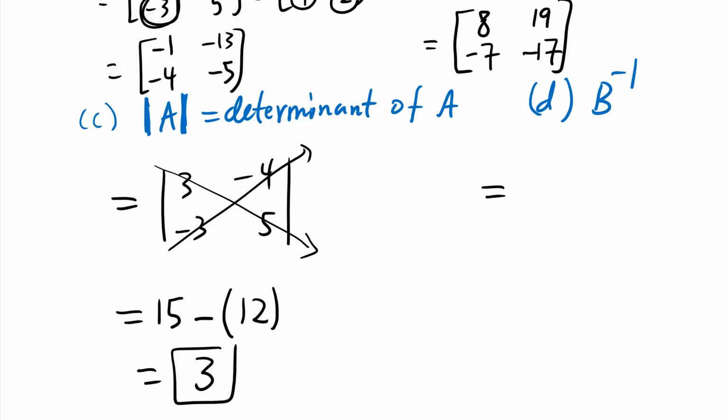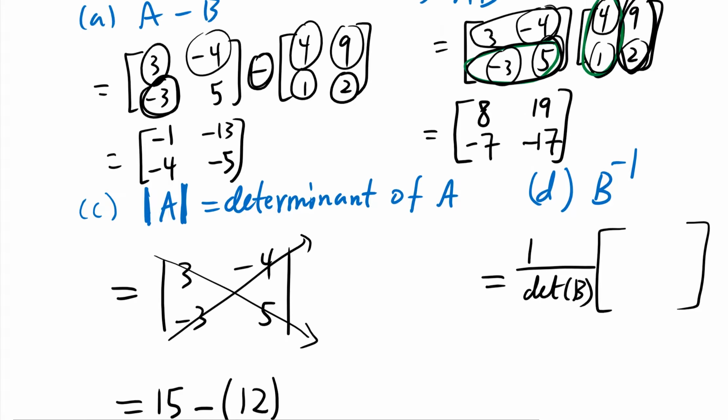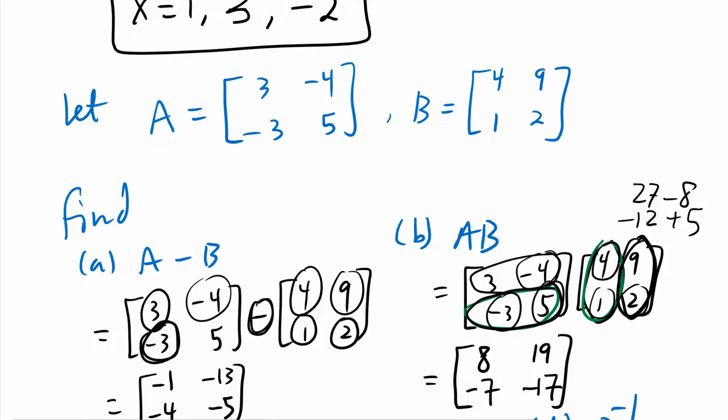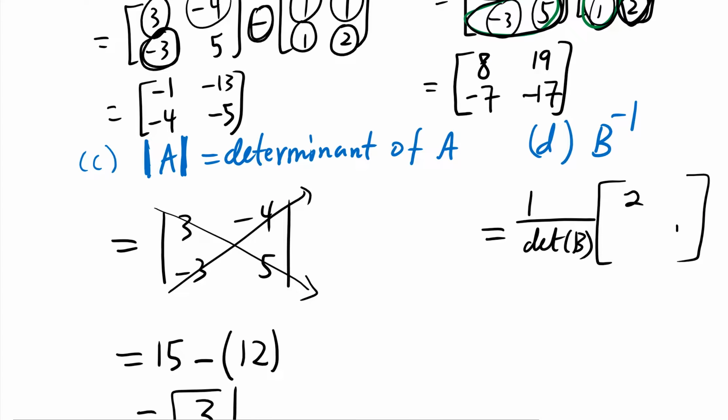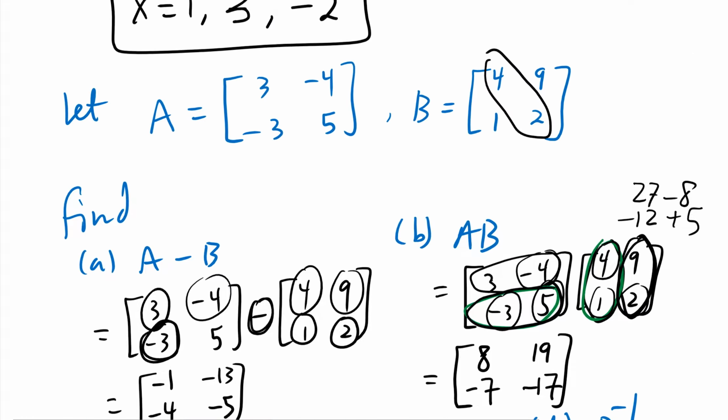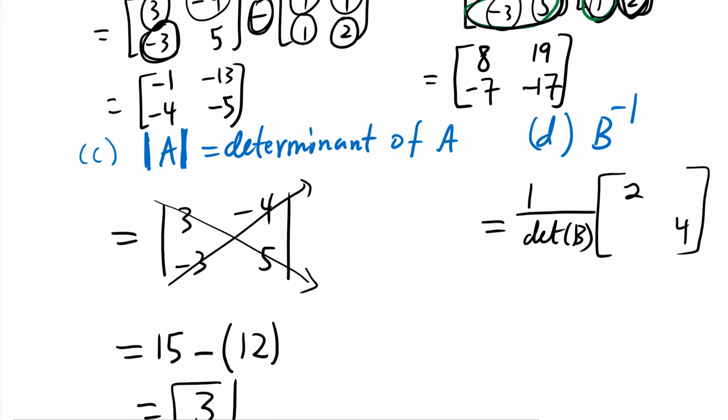Next one, B inverse. The B inverse is 1 over the determinant of B times the following. If you look at matrix B, we switch the entries here: 2 becomes 4, 4 becomes 2. And the other entries here, we switch their signs.